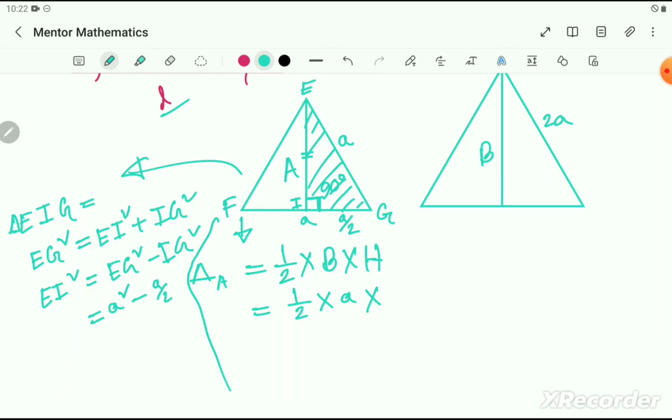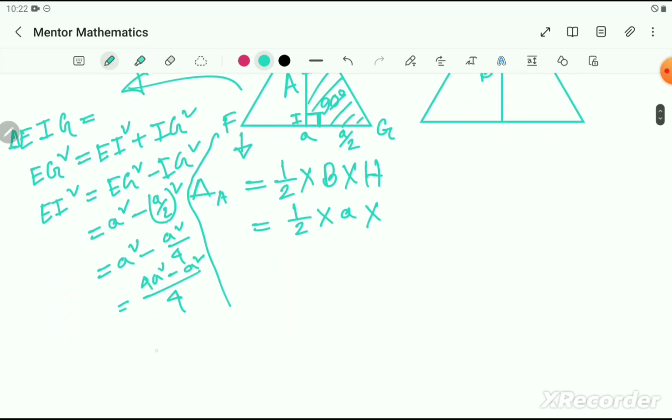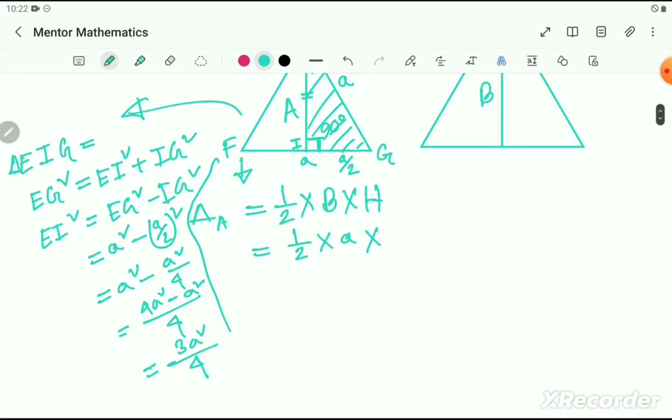Therefore we can write A squared minus A squared by 4, so it becomes 4A squared minus A squared over 4, which gives us 3A squared by 4.